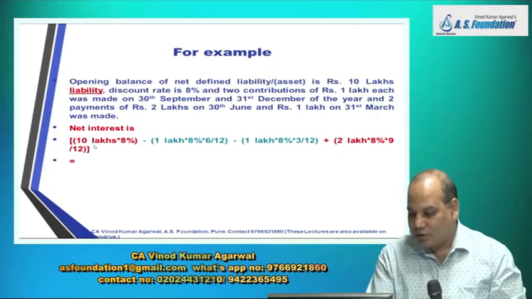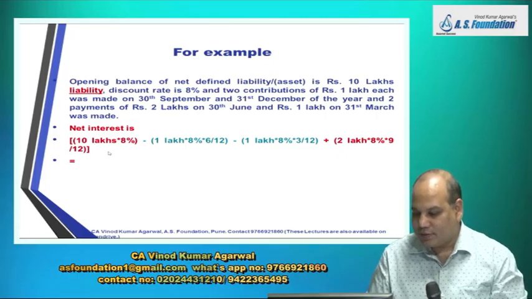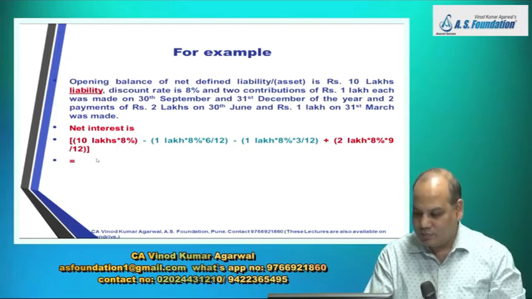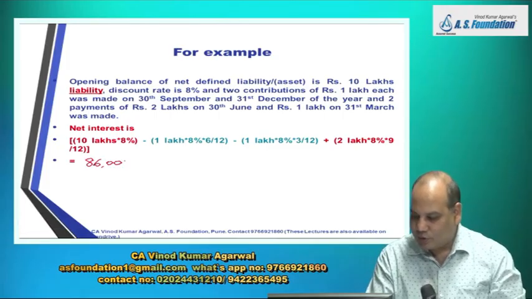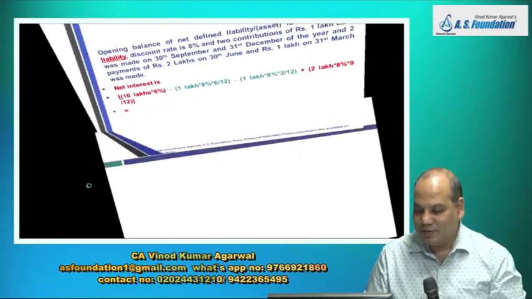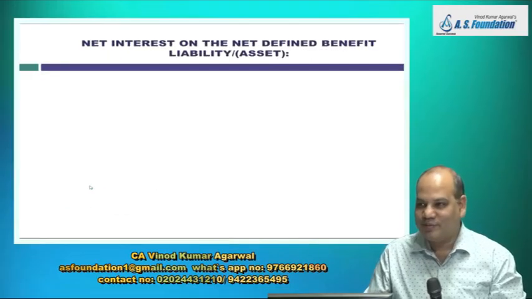Are you in your normal senses? 10 lakh into 8% is 80,000. 86,000. Okay, 86,000. So those who are weak in mathematics, write 86,000. Those who are saying 8 lakh, need to change your calculator. Okay, it is too old now.